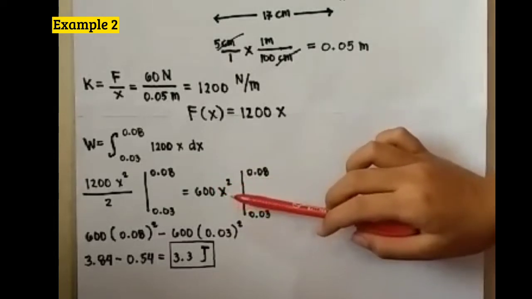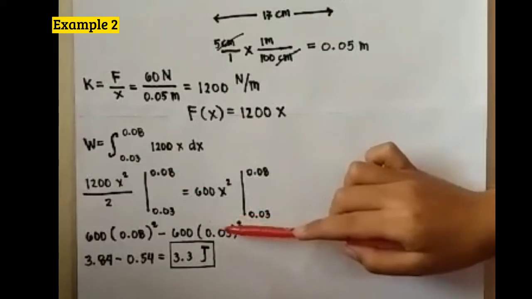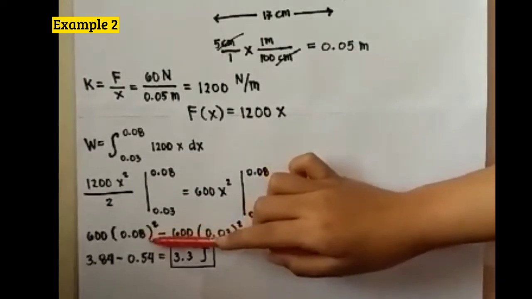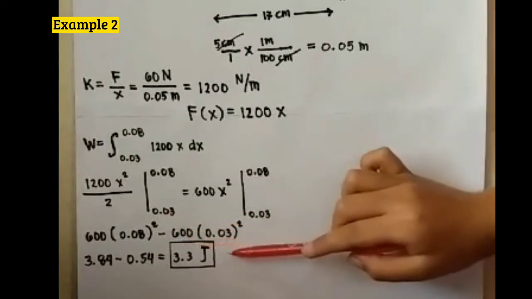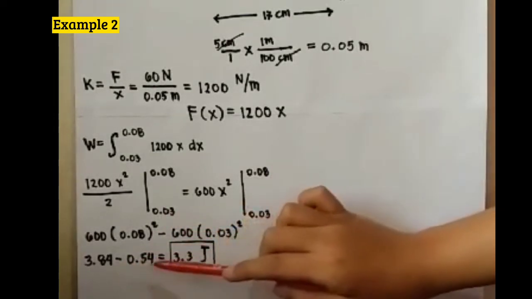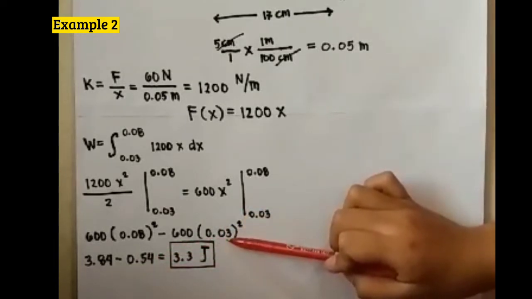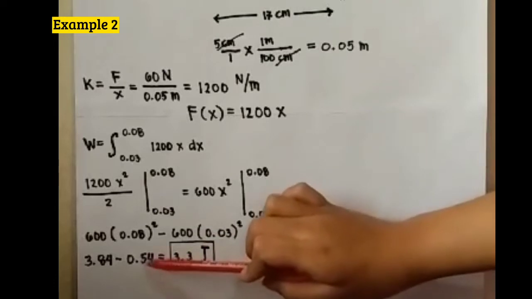So now let's plug in 0.08. So it's 600 times 0.08 squared, that's 3.84, and 0.03 squared times 600 is 0.54.